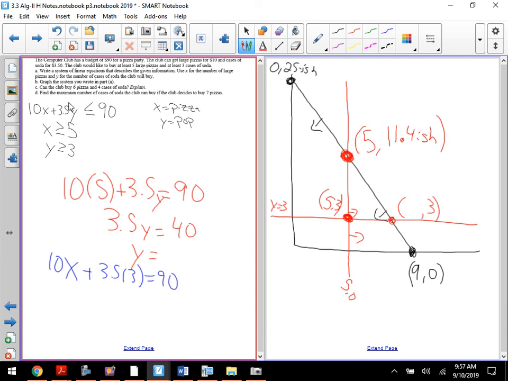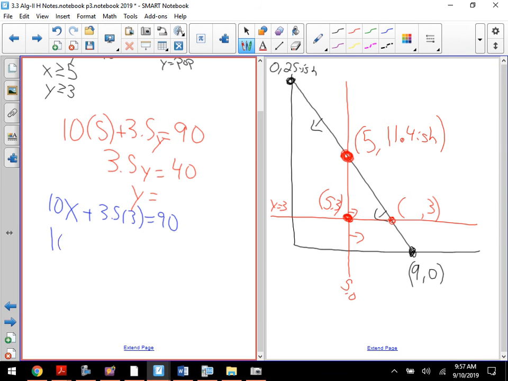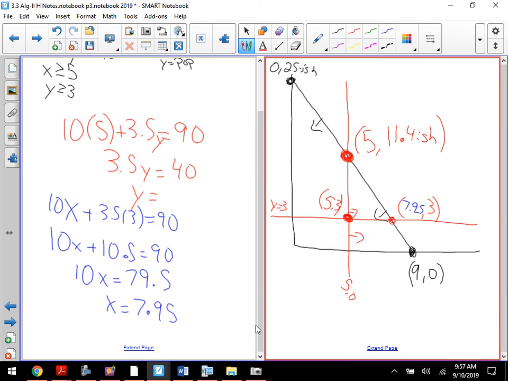Okay. We do that, we get 10x plus, what was it, 10.50, I believe? 7.95? We're okay with that? Which gives us this region. Okay? It gives us that region.